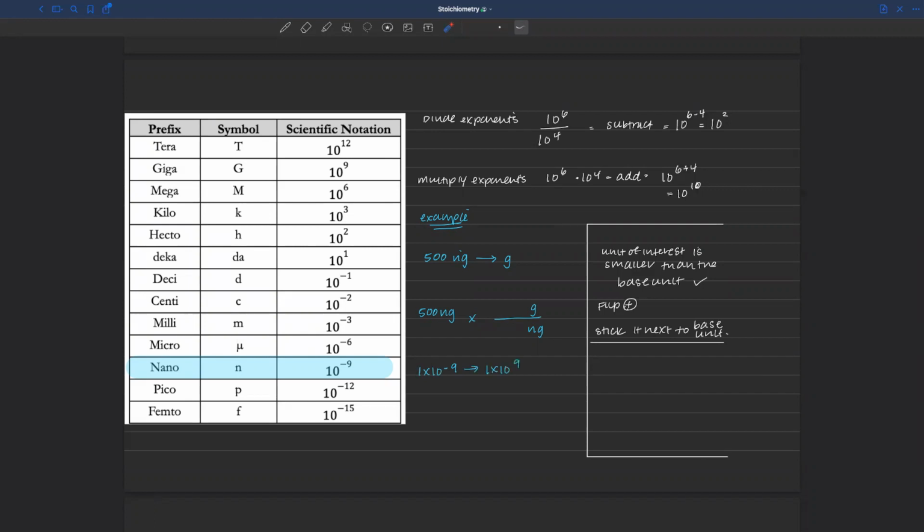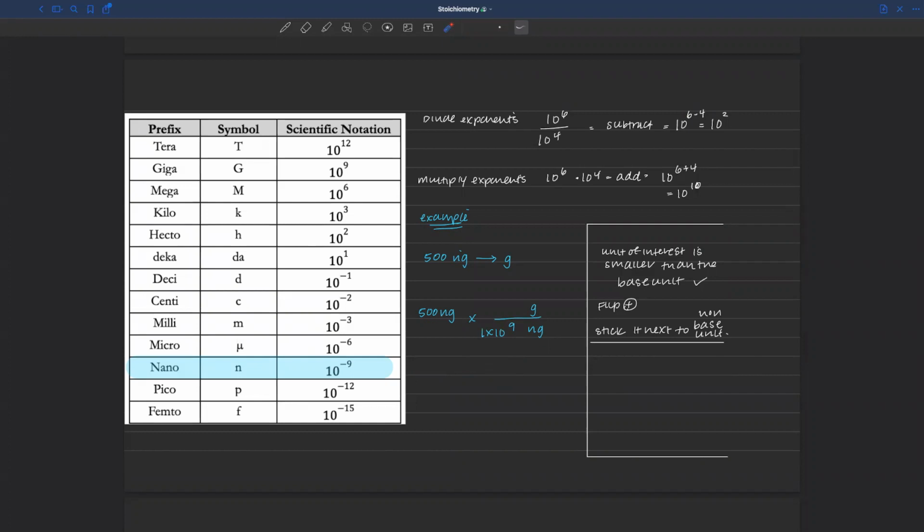Now this 1 times 10 to the 9th, you want to stick next to the non-base unit. So who is the non-base unit in this situation? Is it going to be grams or is it going to be nanograms? It's going to be the nanograms. So we're going to stick it right there. And so finally, this is how you would set up your equation.